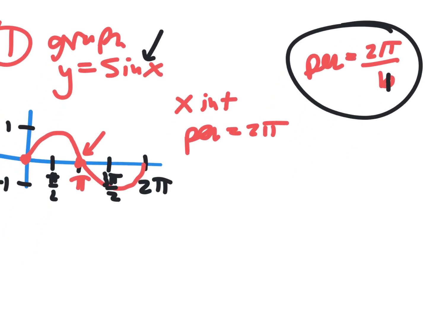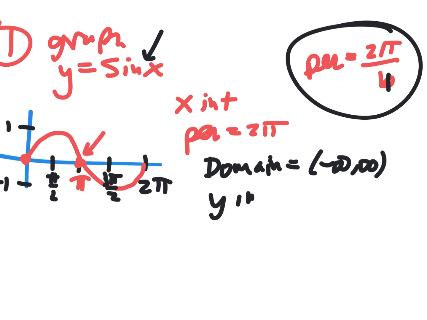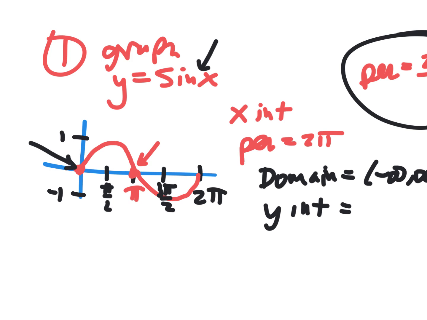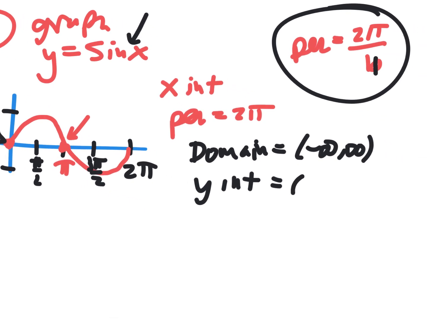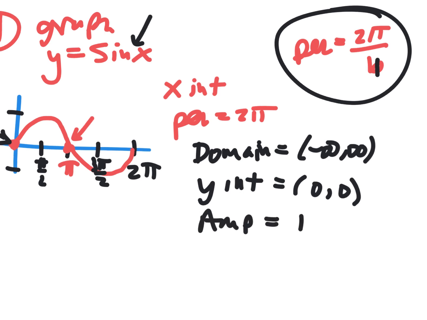Does it ask you for more, Andres? What is the domain? What do you say? It said negative infinity. Yep. Because it goes forever. Next thing. What is the y-intercept? And that's right there, and that looks like it's at 0, 0. What's the next one? What is the amplitude? What do you say? It said 1. We're correct.